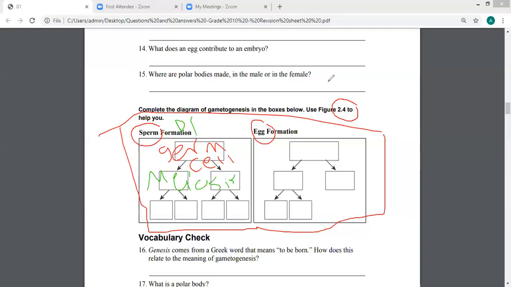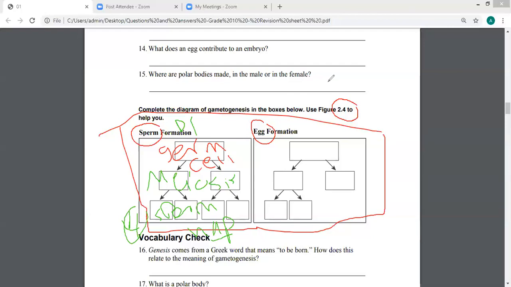In case of testis, it will produce sperm. And we know that at the end of the meiosis division, one cell produces four cells, two from meiosis one and four at the end of meiosis two. And sperm will be haploid.